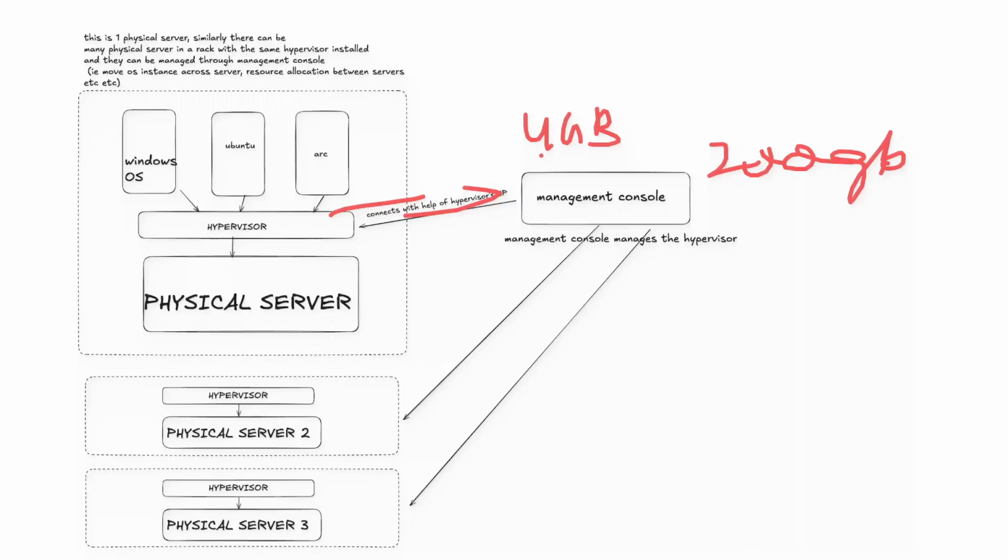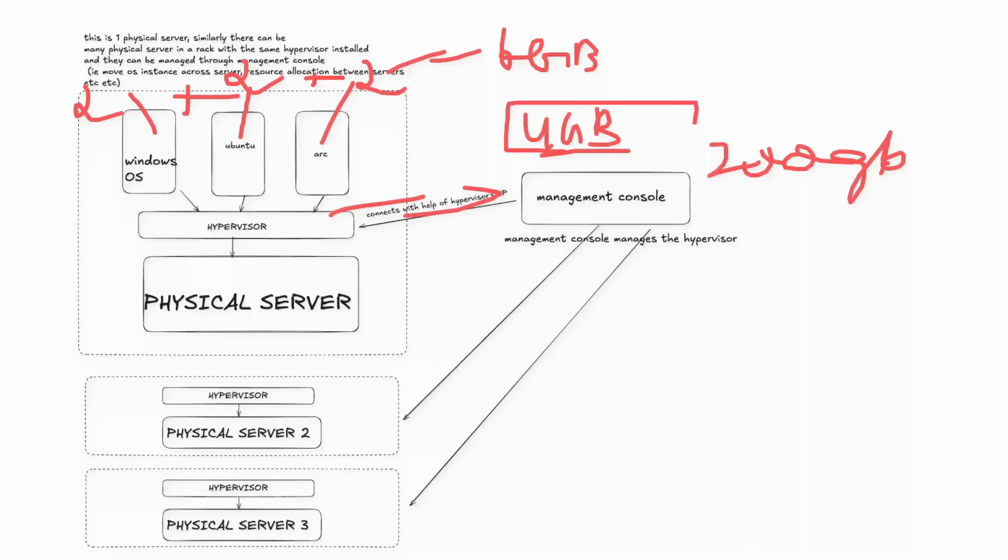What you can do is allocate 2 GB here, 2 GB here, 2 GB here. You tally this, it is 6 GB that you have allocated, but your actual physical server can handle up to 4 GB only.